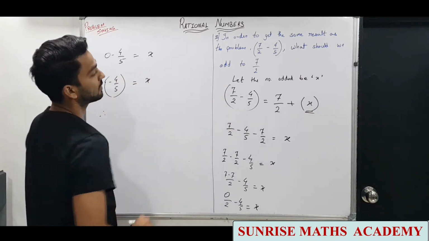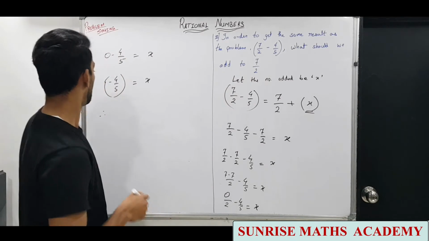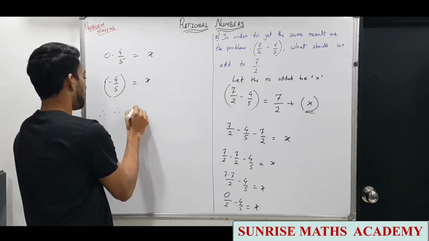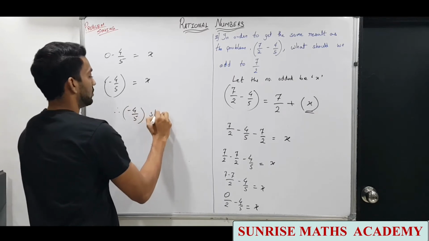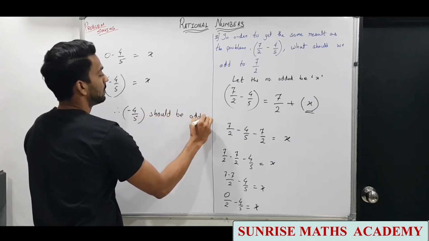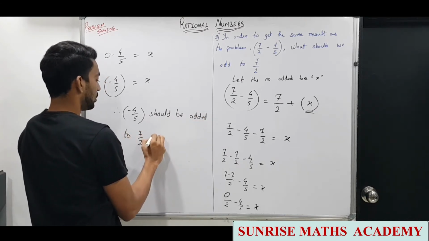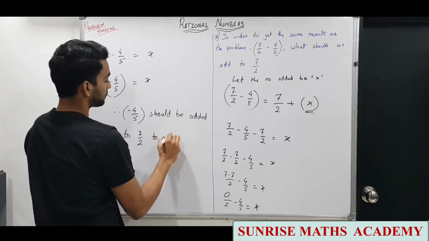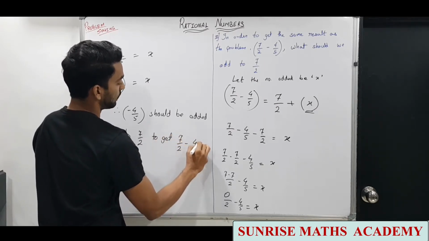Therefore, we had taken here, let the number added be x. The question asked what should be added. Therefore, minus 4 upon 5 should be added to 7 upon 2 to get 7 upon 2 minus 4 upon 5.